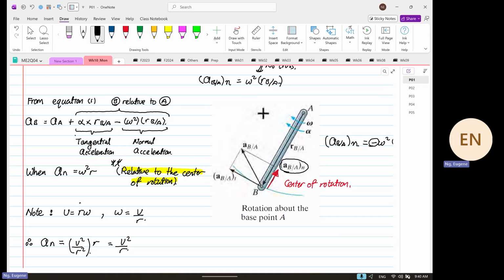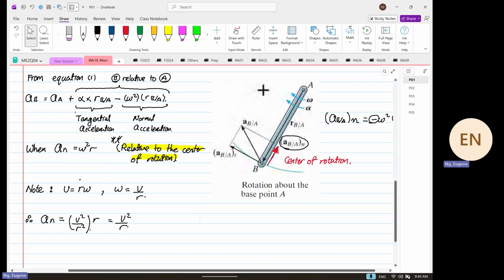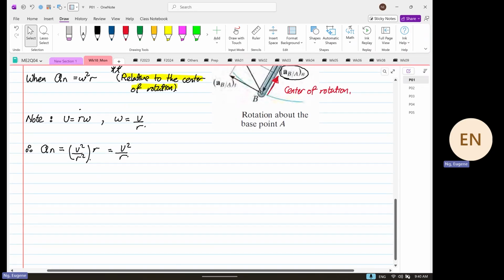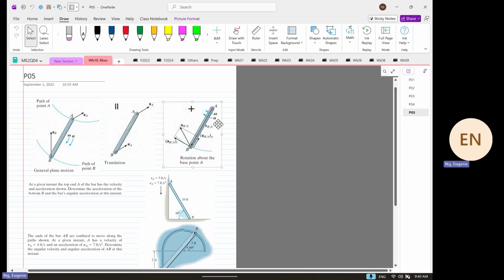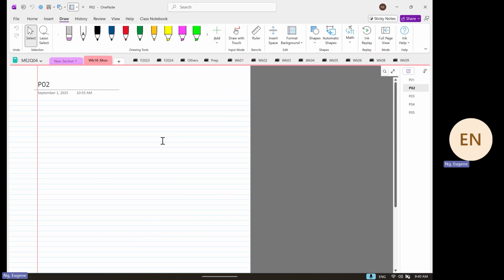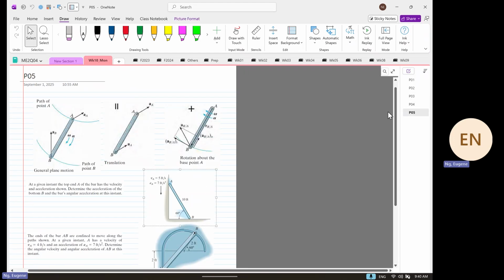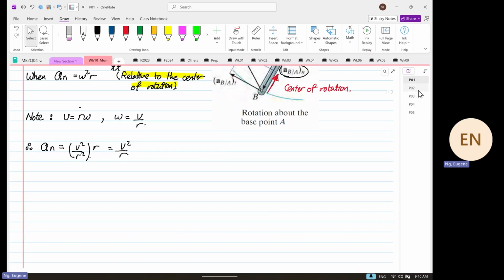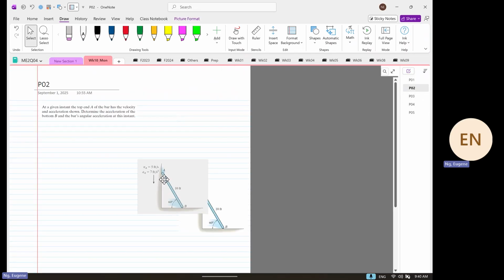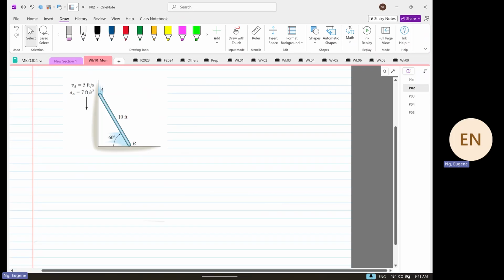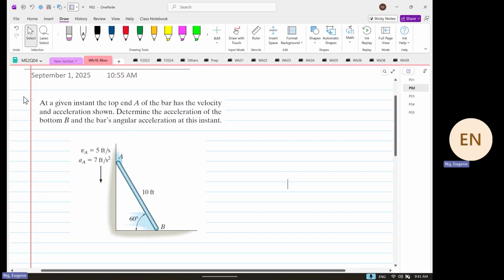Okay, so the next thing we are going to look at is a problem. From this problem you can learn quite a few things. Enough of the theory. This is our example number 1.